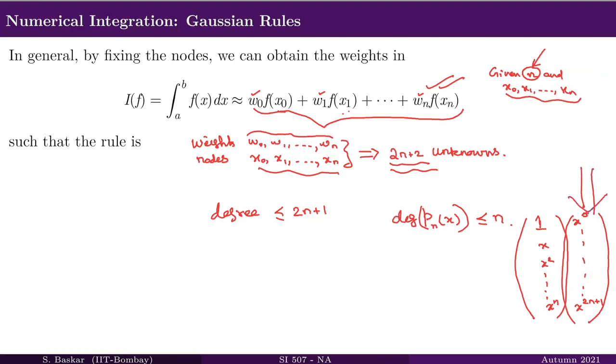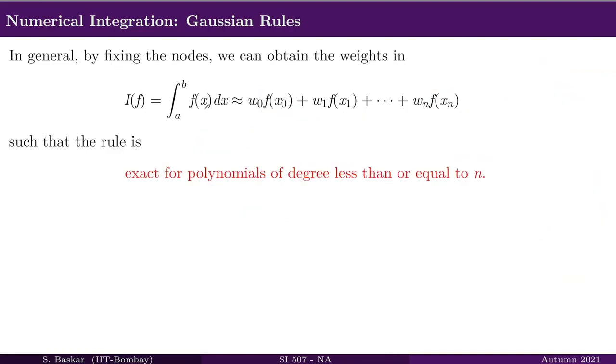So we have to now impose that the quadrature rule is exact for polynomials of degree less than or equal to 2n plus 1. Let us make it more precise. We will now look for a quadrature rule of the form W0 f of x0 plus W1 f of x1 plus ... plus Wn f of xn.